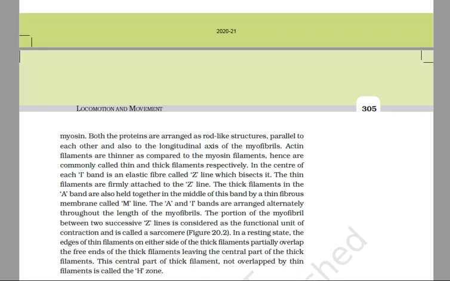Then there is an H band also. There is a light area in the middle of the A band called H band. Full form is Hensen's band. It is formed when the middle fiber is relaxed, not contracted.